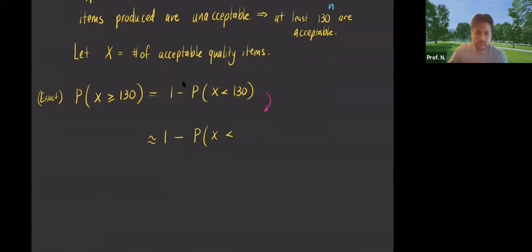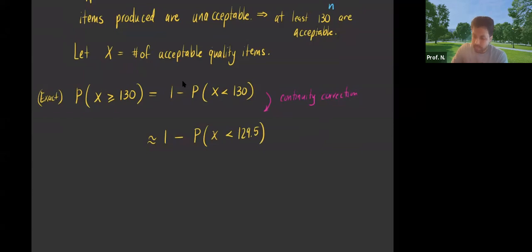We either subtract or add 0.5. Because we want to find numbers less than 130, we don't want to include 130. So we're going to subtract 0.5. So this will be 129.5.